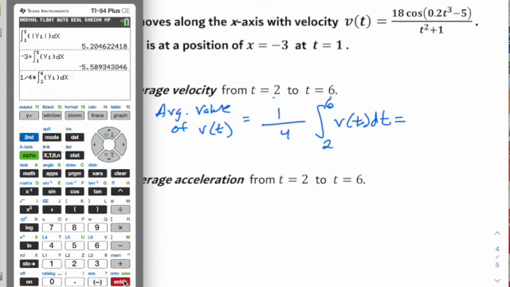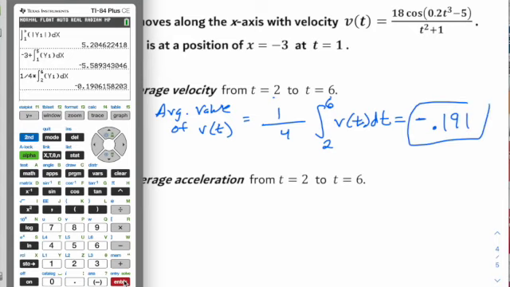And by the way, I don't know if I mentioned it or not, so I'm just going to say it again. This function had a trig function in it, cosine. So make sure you are in radian mode for calculus, always radian mode. Even if you're in physics class, you might be in degree mode, so just always watch out for that. So this would be approximately negative 0.191. And there we go. There's our average velocity.